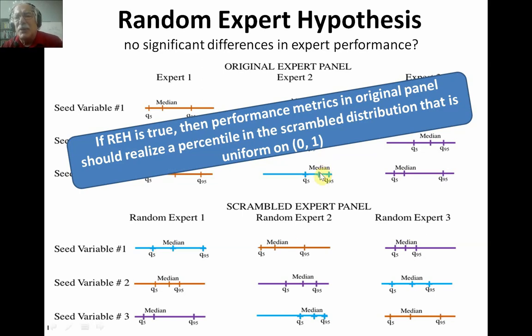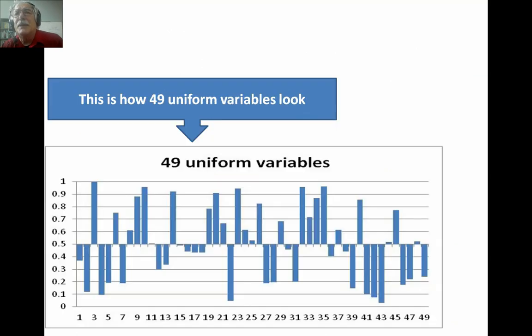Well, it means, for example, that the original panel score for, say, average statistical accuracy over the whole panel has a probability 1/2 of being above the median in the scrambled panels and a probability 1/2 of being below the median. It has a probability of 1/4 of being above the 75th percentile, and so on and so on. That's what the random expert hypothesis predicts.